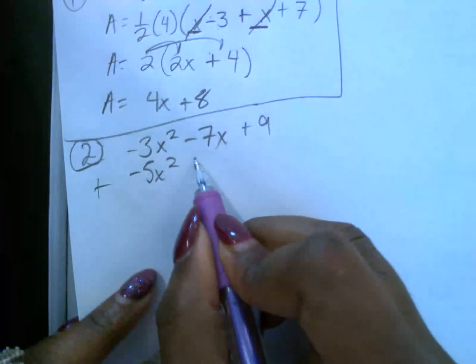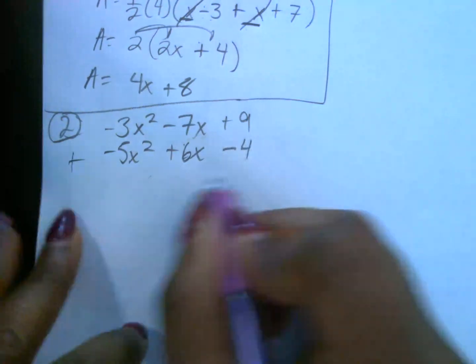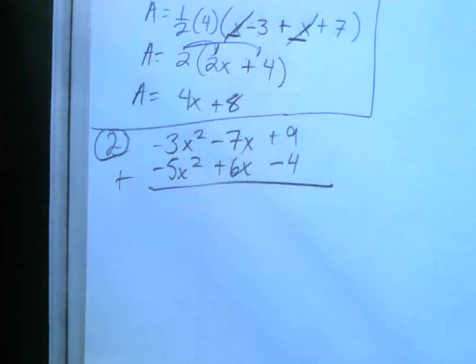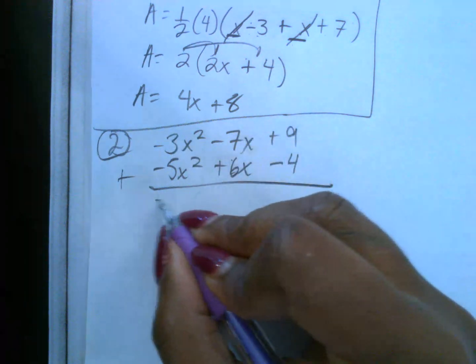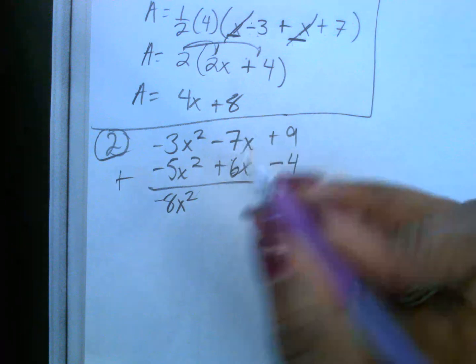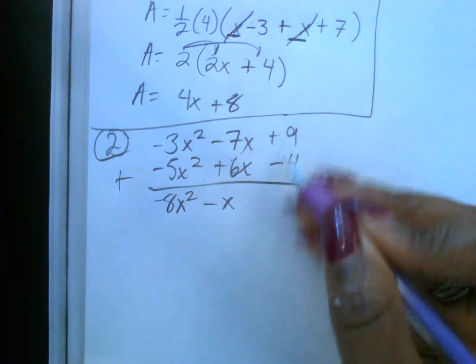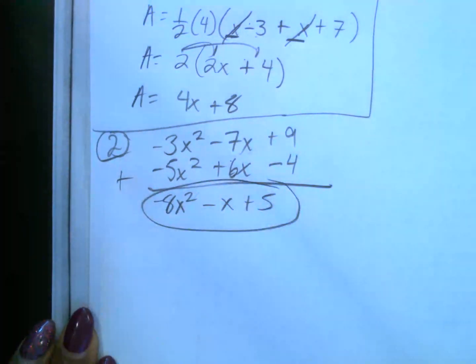I'm going to put that under the 7x. They're like terms. And then 4 minus 4, I'm going to put that under the 9. So now I'm going to add those together. What does that give me here? Negative. Very good. What does that give me here? -x. And then what does that give me here? Positive 5. And what answer choice is that? A. That's answer choice A.